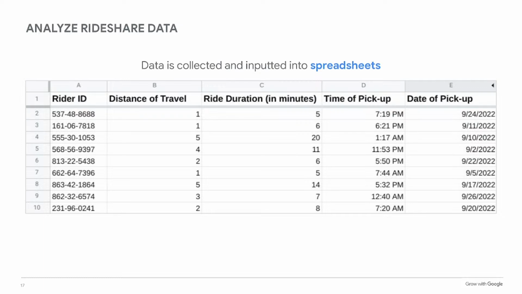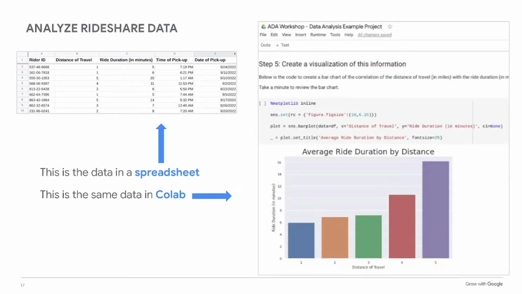While most data is stored in databases, data can sometimes be collected and inputted into spreadsheets, like in the section of the rideshare data spreadsheet on this slide. Depending on the project, you might have thousands of rows of data, which would be a challenge to analyze with just spreadsheet tools. Instead, you might use online notebooks like Jupyter or Collaboratory, or Colab for short. This slide shows what data analysis in Colab looks like.